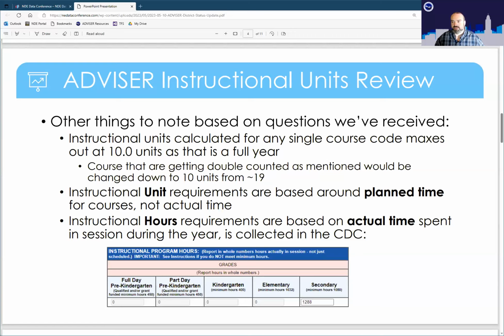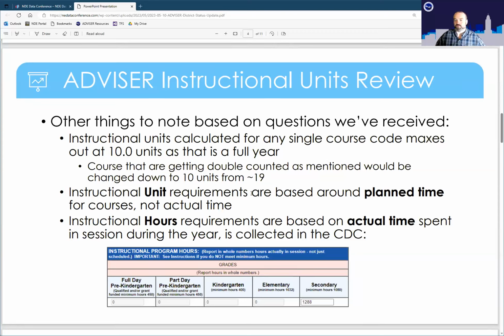Also, another thing that comes up, because I know this is unfortunately similar terminology. Anything where we're talking about instructional units, this new report that's in Advisor, there are instructional unit requirements in Rule 10. These are based around the planned time for courses.